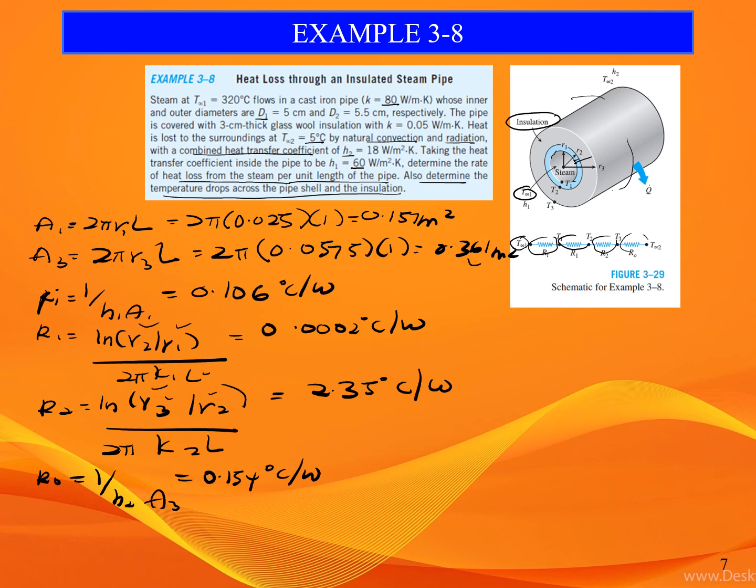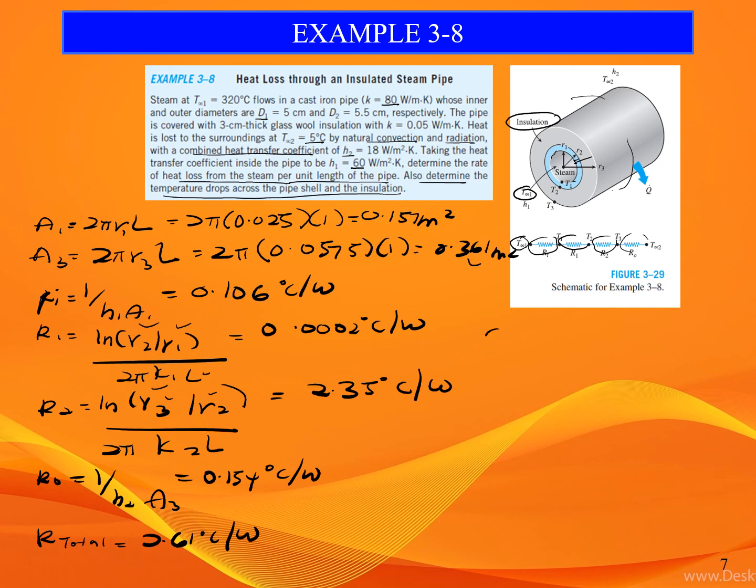So for R total, this is a series network, so just total up everything and you will get 2.61 degrees C per watt.